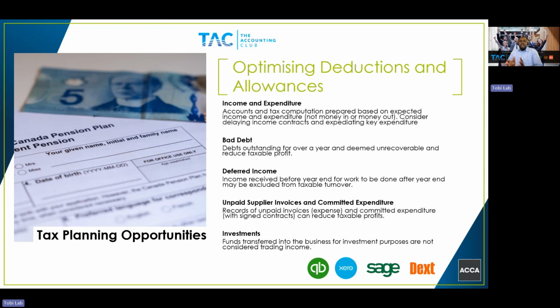I think of deferred income. So if you sell software, as an example, software subscriptions are usually based over maybe a 12-month period or 24-month period. So if in December 2024 you sold a software package to cover 12 months, January 2025 to December 2025, and that was paid to you in December 2024, the value of that contract can be excluded from your income that is taxable in 2024 because the contract is actually 2025, but you are paid in December 2024.